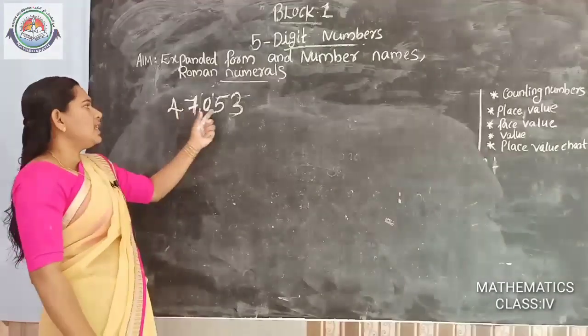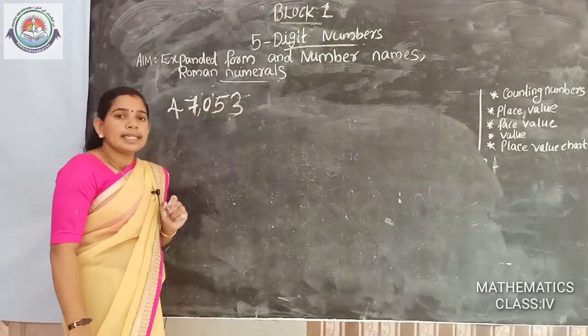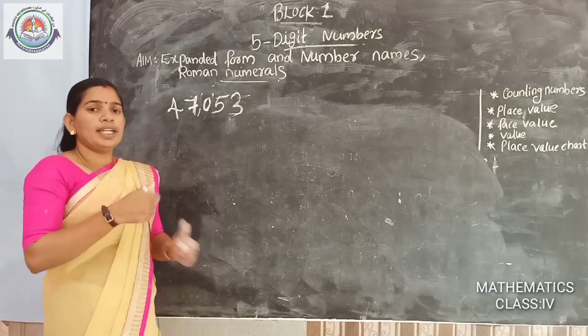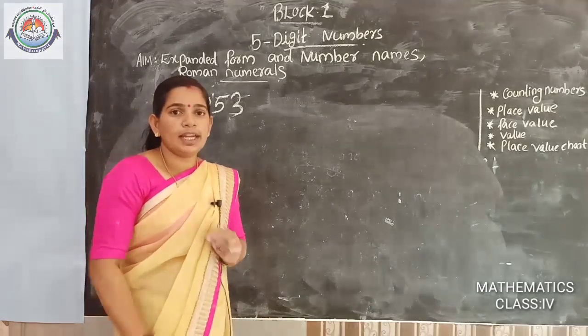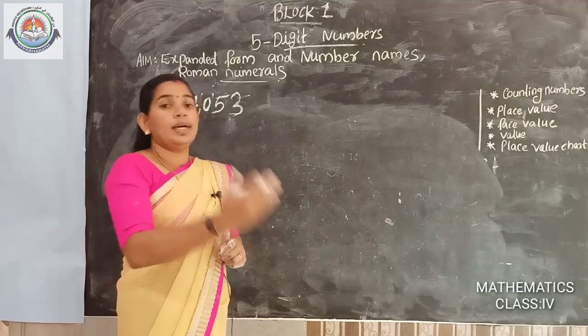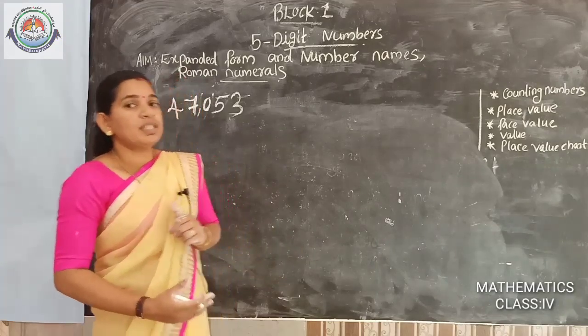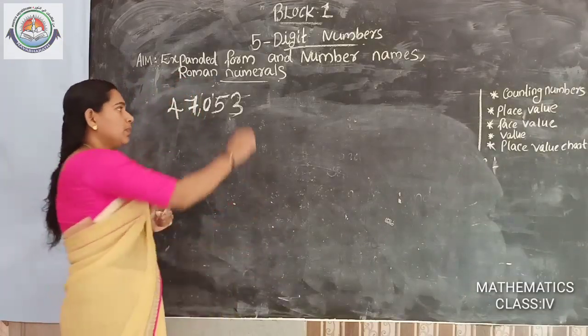Four, 7, 0, 5, 3. This is the given number. So we want to write the number name without expanding. We will check how to do that.